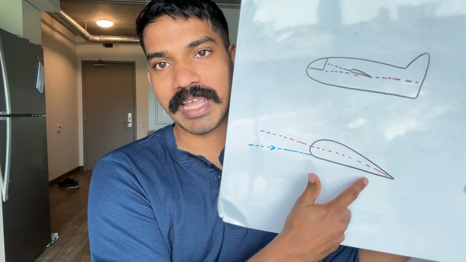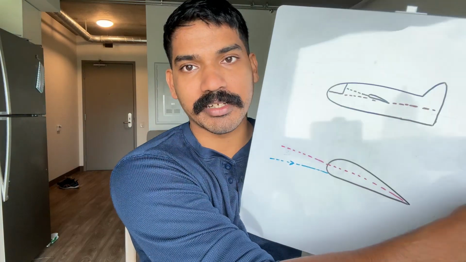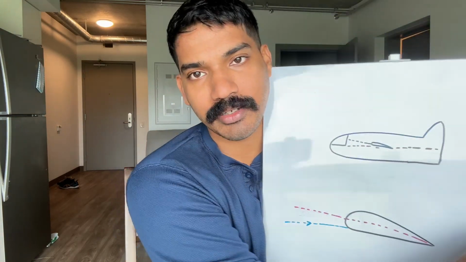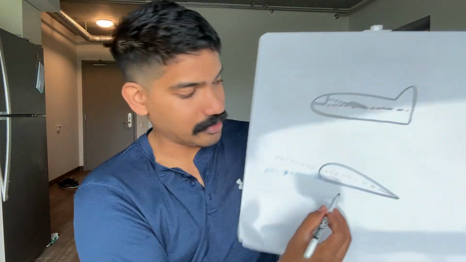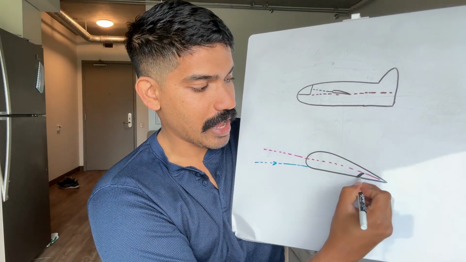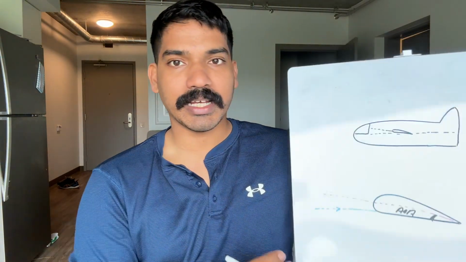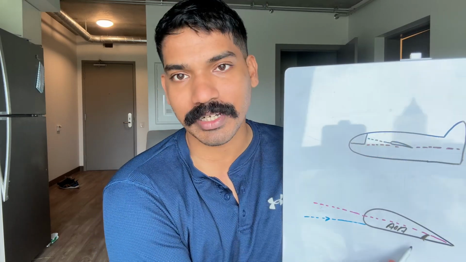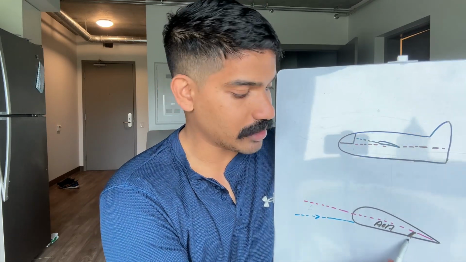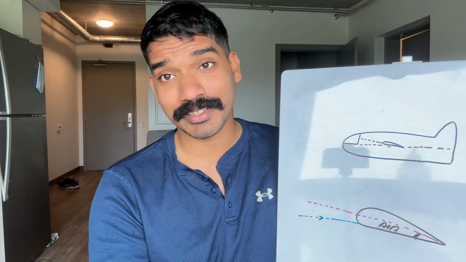Now the angle that is made by the chord line and the relative airflow is basically your angle of attack. So angle of attack is this angle. I know it is showing inverted, but at least I can see what I'm showing.